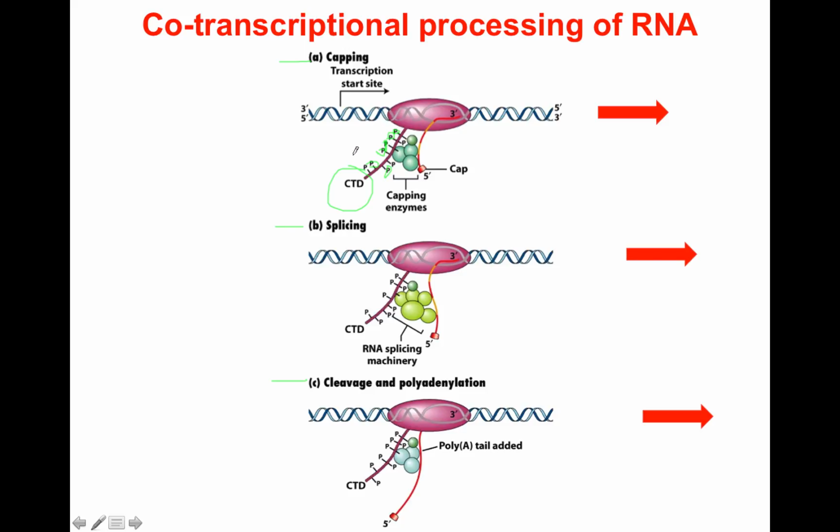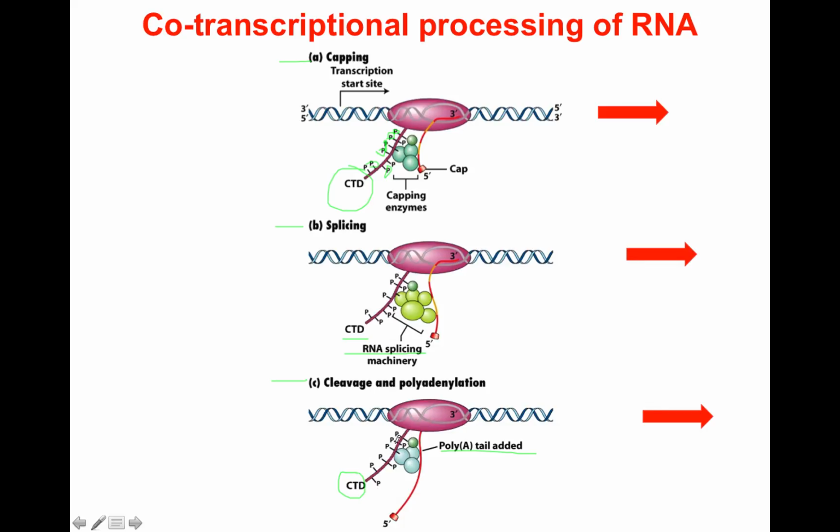So when the C-terminal domain is regulating 5' end capping, it has one pattern of phosphorylation. When the C-terminal domain is regulating RNA splicing, it has a different pattern of phosphorylation. And when the C-terminal domain is regulating the process of polyadenylation, then it has yet a third pattern of phosphorylation.